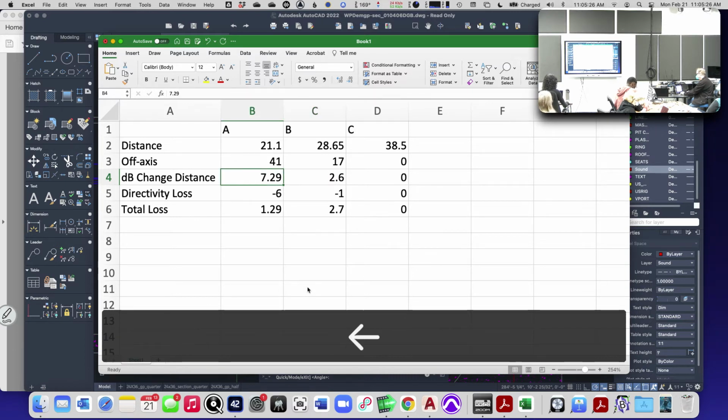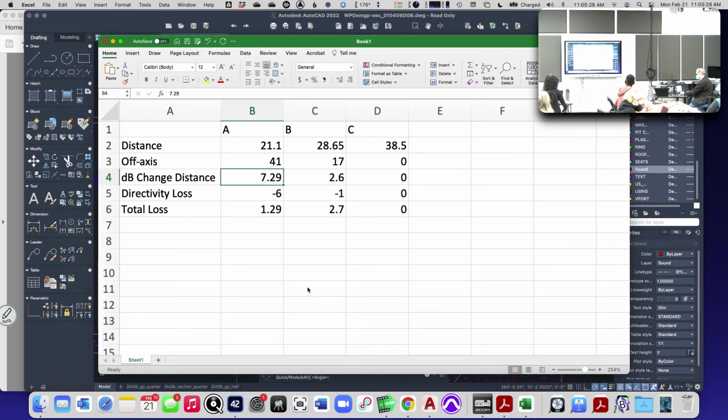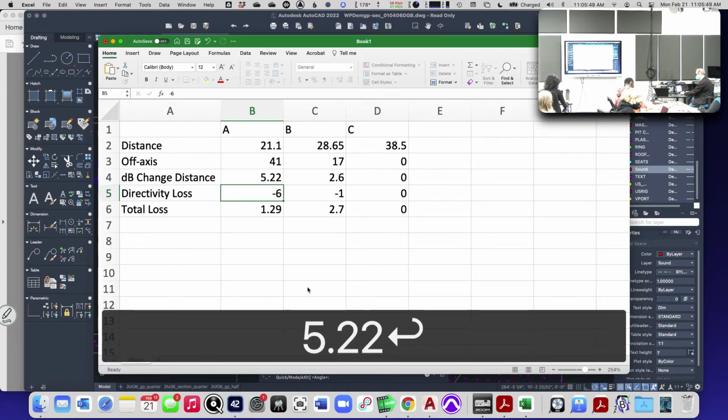Are we doing 2 decimal places on purpose, or just one? Generally, I would say 2 decimal places, but there's a margin of error there. What about to the front row? 20 times the log of 38.5 divided by 21.1. 5.22. That's what everybody got?